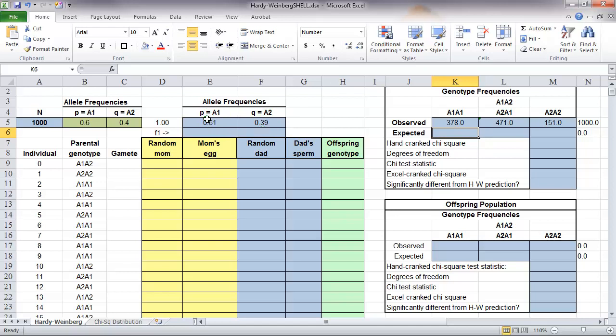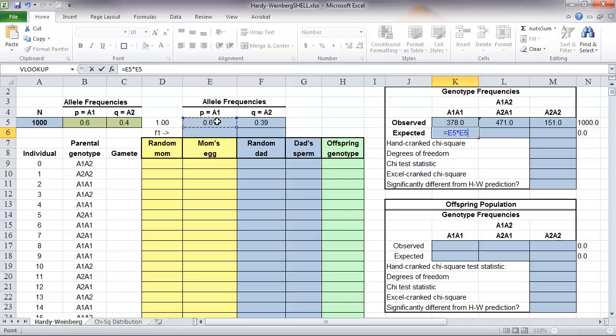So P is the frequency of the A1 allele and Q is the frequency of the A2 allele. Now, in order for us to get an A1 individual, they need to inherit an A1 allele from one parent and an A1 allele from a second parent.